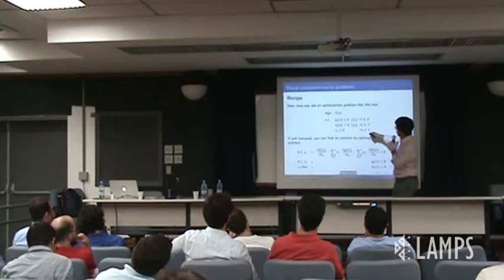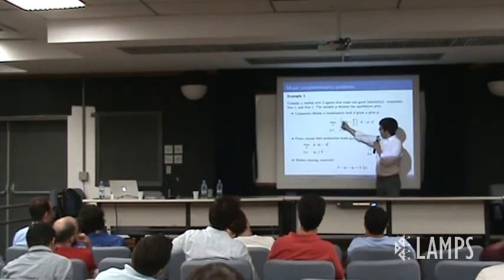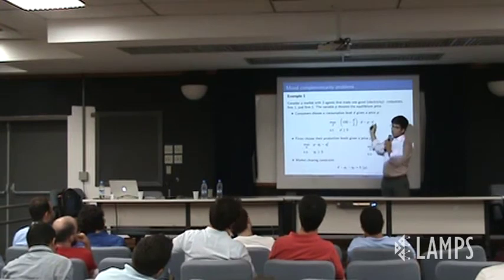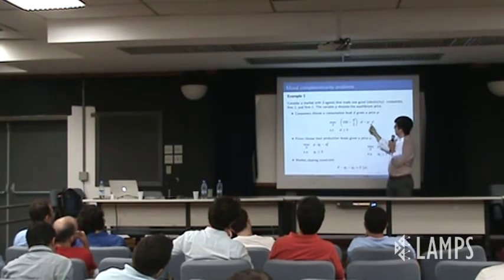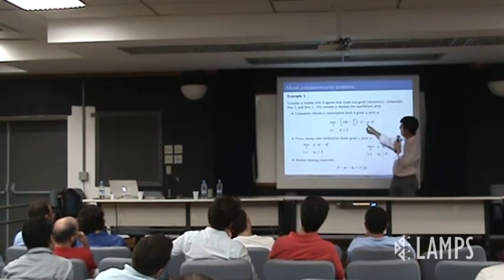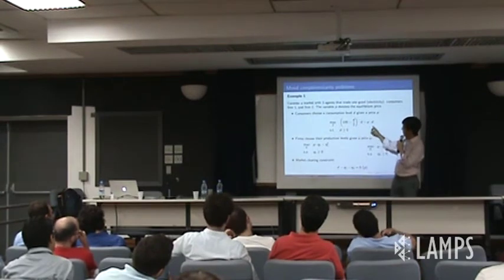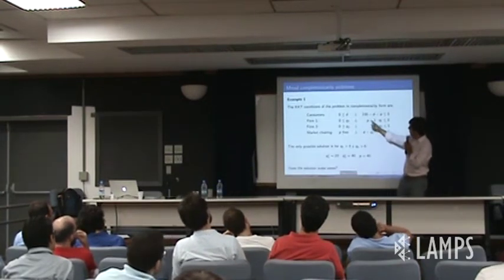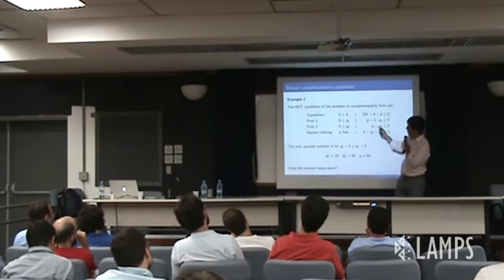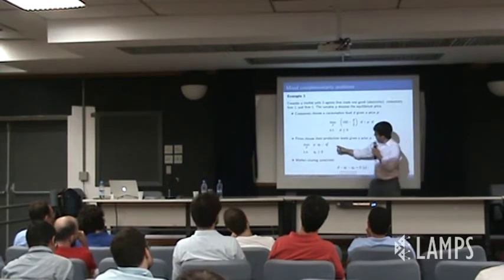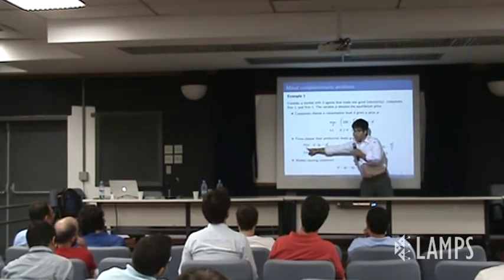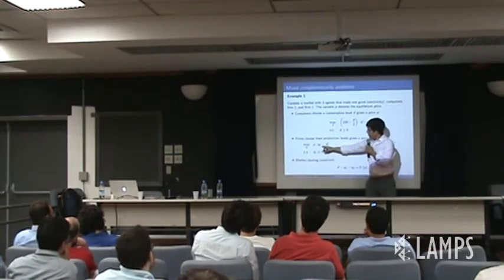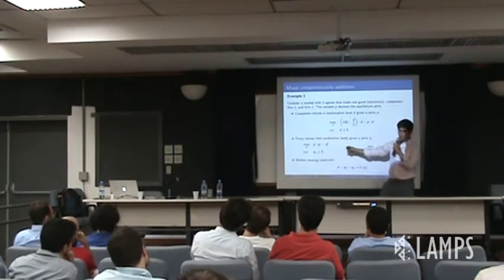I'm going to go back. I do the derivative of this with respect to variable D. Yeah, price is a parameter. So I do the derivative with respect to D, I get that. Okay? I do the derivative of this with respect to Q1, I get P, price minus 2 times Q, right?